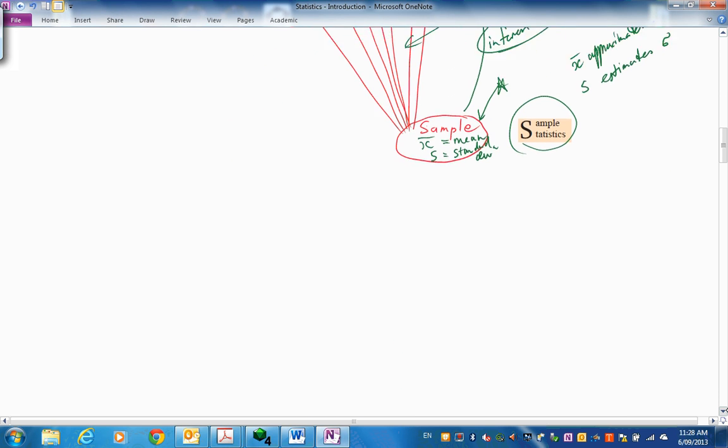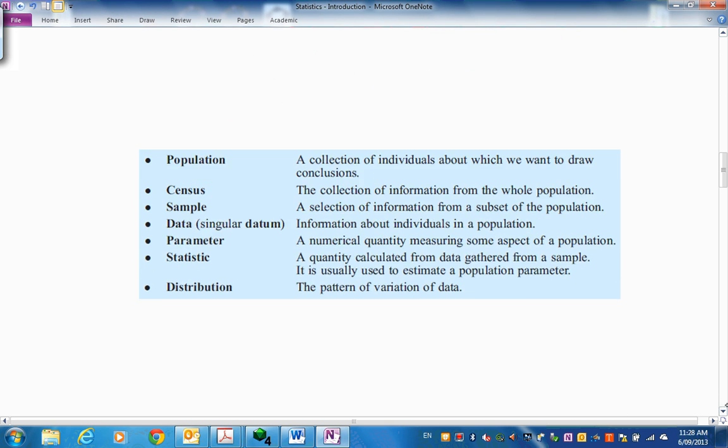Okay, so here we have a few definitions that I'd like you to already know. A population: a collection of individuals, not necessarily people, about which we want to draw conclusions. Census: that's when you don't need inferential statistics, right? Because you're going to go out and measure the whole population. So a census is done in Australia, I think every 4 years, and there's an attempt to measure everybody. Okay.